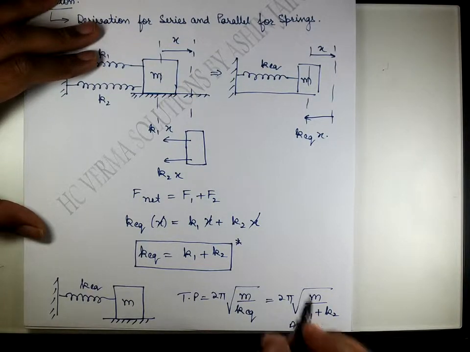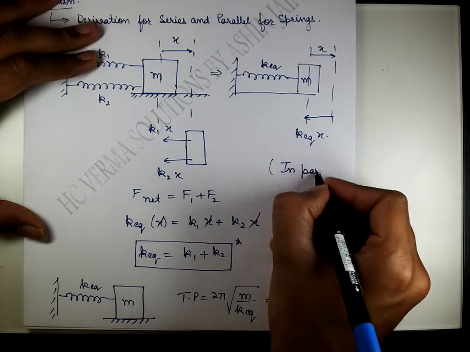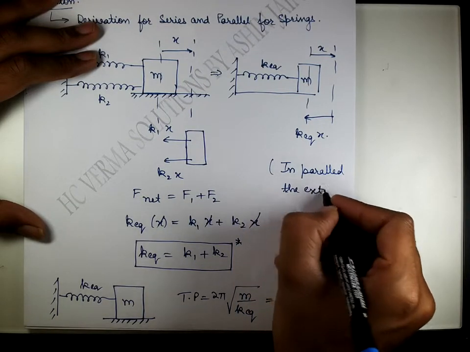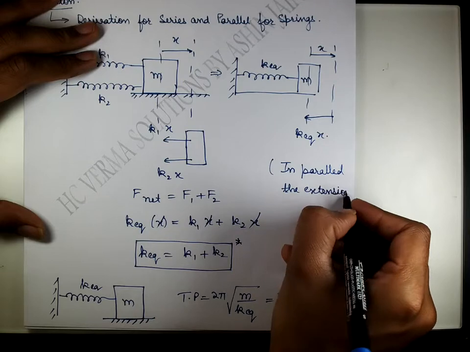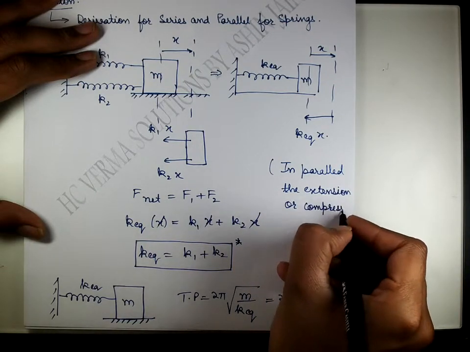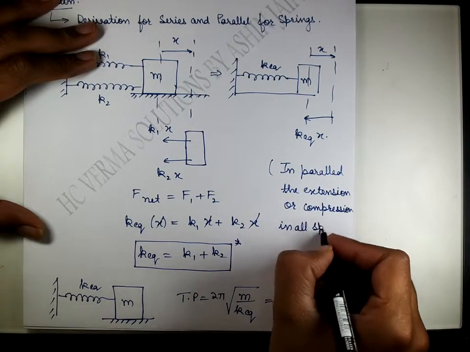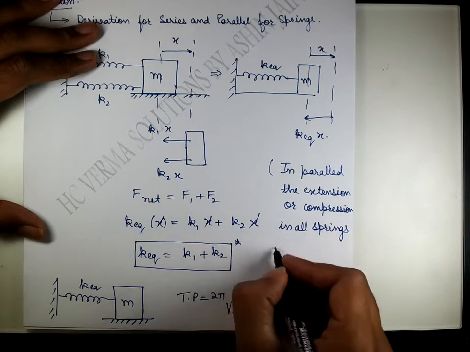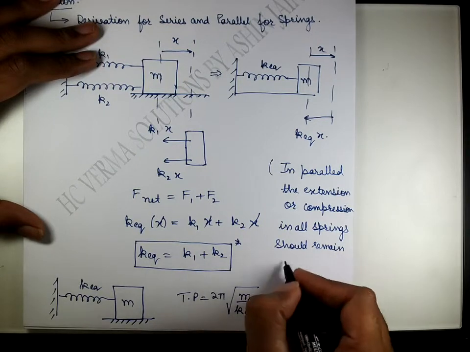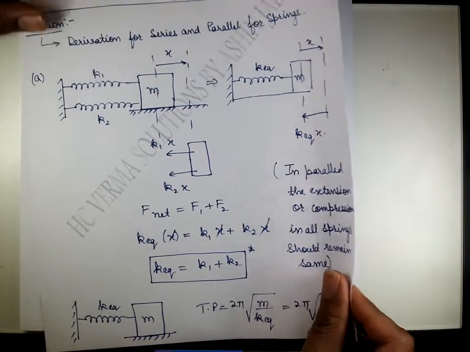And the concept of series and parallel is very simple. In parallel, the extension or compression in all the springs should remain the same, as we see in this particular case that in all the springs the extension or compression remains the same.